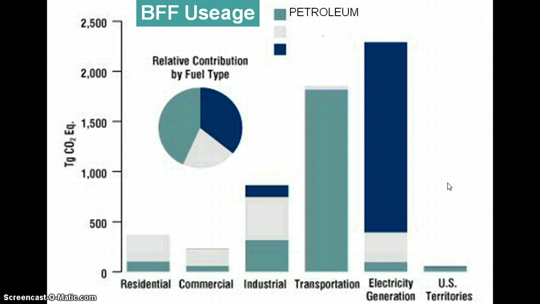Which one do you think is mainly linked to electricity production? What does FPL use? Nuclear, but what fossil fuel? Coal. So the white is going to be natural gas and the blue is going to be coal. Now I'm going to break it down for you. If white is natural gas, what is natural gas's main use?